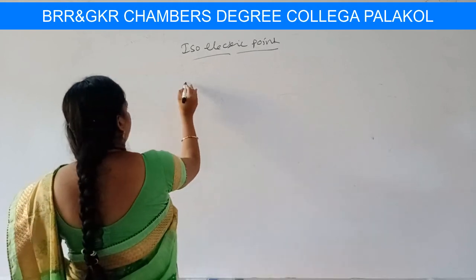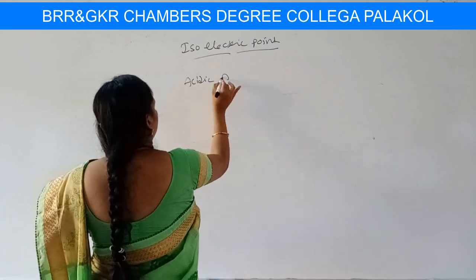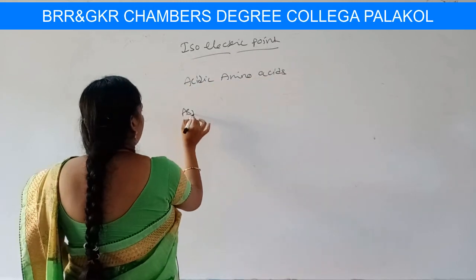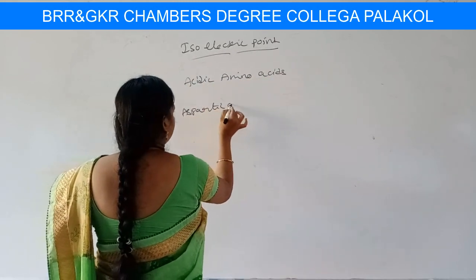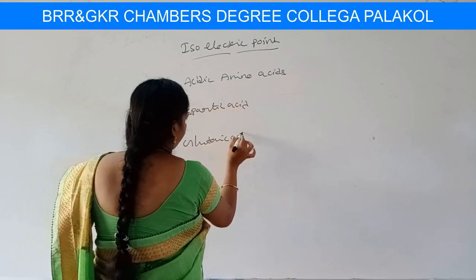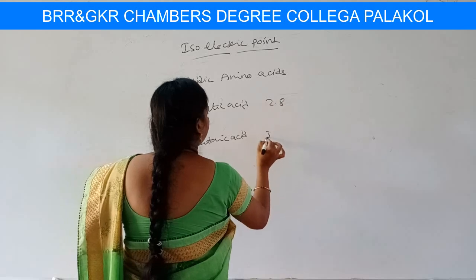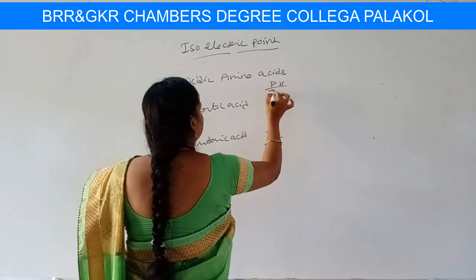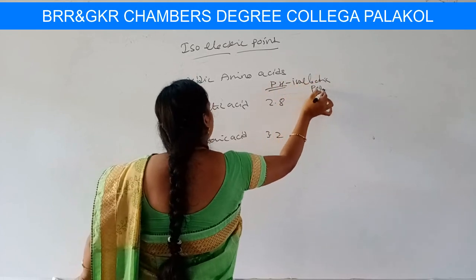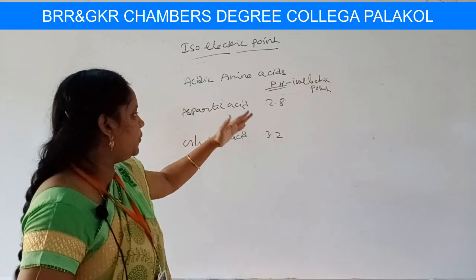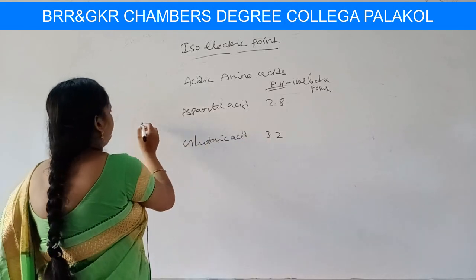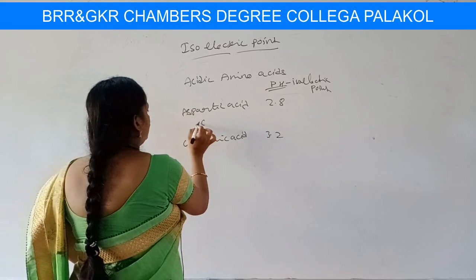Next, acidic amino acids. Aspartic acid, glutamic acid. They are around 2.8 to 3.2. This is pH. That is nothing but the isoelectric point. So for aspartic acid, you have 2.8. For glutamic acid, 3.2. What are the structures, students? Let me write the structure here.